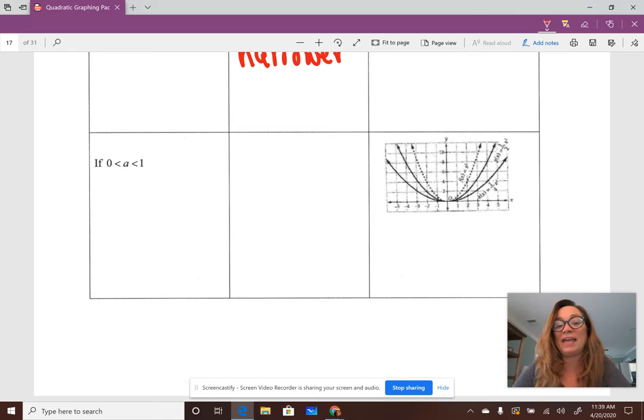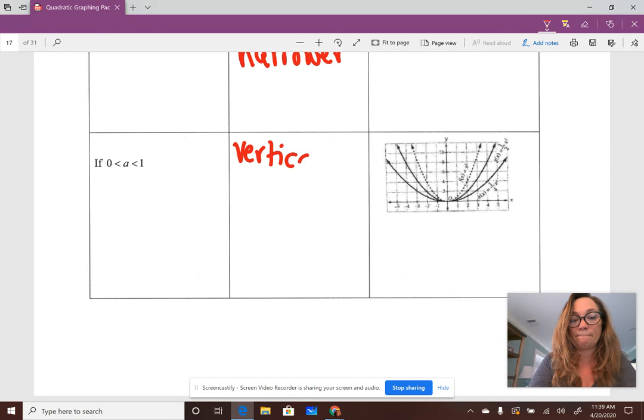Okay, if A is between 0 and 1, well, we know that A can't be 0 because if A is 0, then it's not a quadratic and we wouldn't even be talking about this. Okay, so if A is between 0 and 1, like a half, a third, 3/4, that is going to be a vertical shrink, I misspoke.